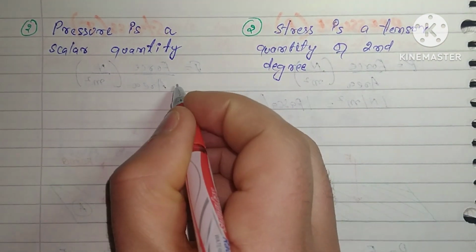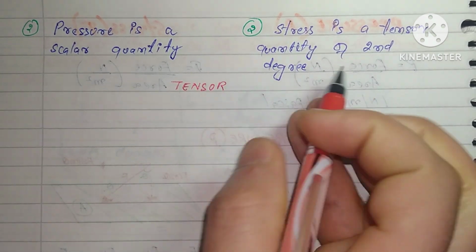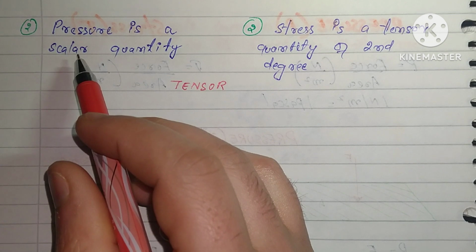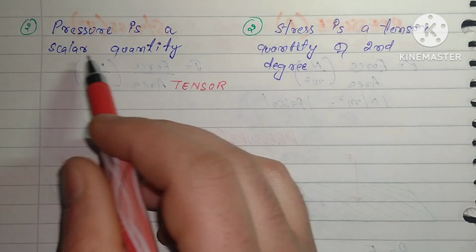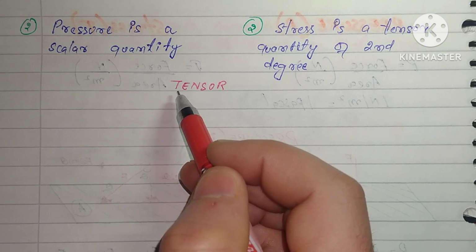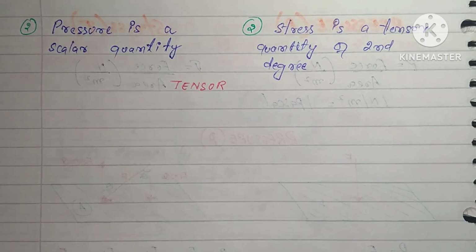First, tensor. What is a tensor? Tensor is a broad term. It is used for both scalar quantities and vector quantities. A scalar quantity is also a tensor quantity, and a vector quantity is also a tensor quantity. How these are tensor quantities, we will discuss. Tensor is a broader term which includes both scalar and vector quantities.